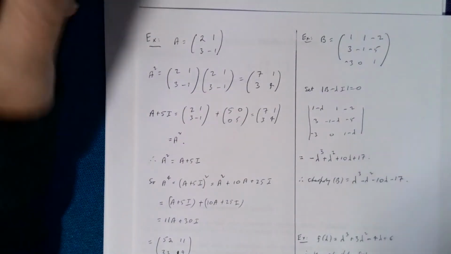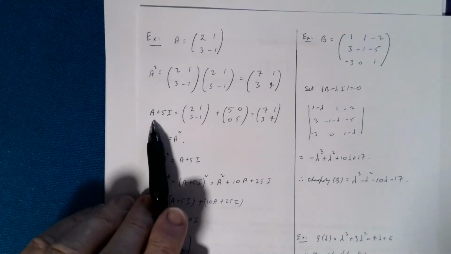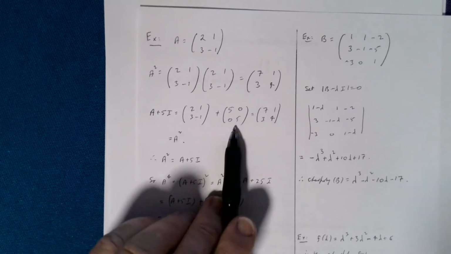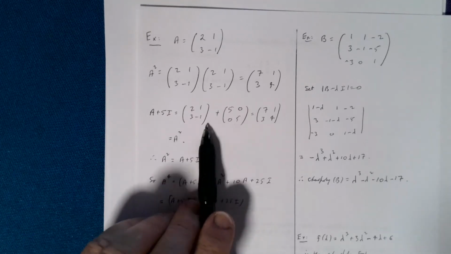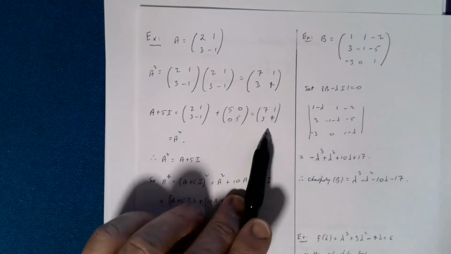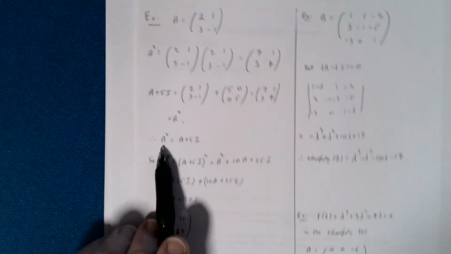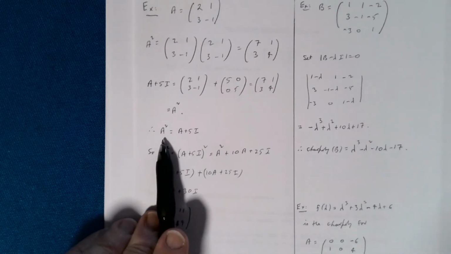And I checked the other side of the identity, which was A plus 5I, so that's A plus 5 times the identity, and we add those together, and lo and behold, we get the same expression here, which is just equal to our A squared.